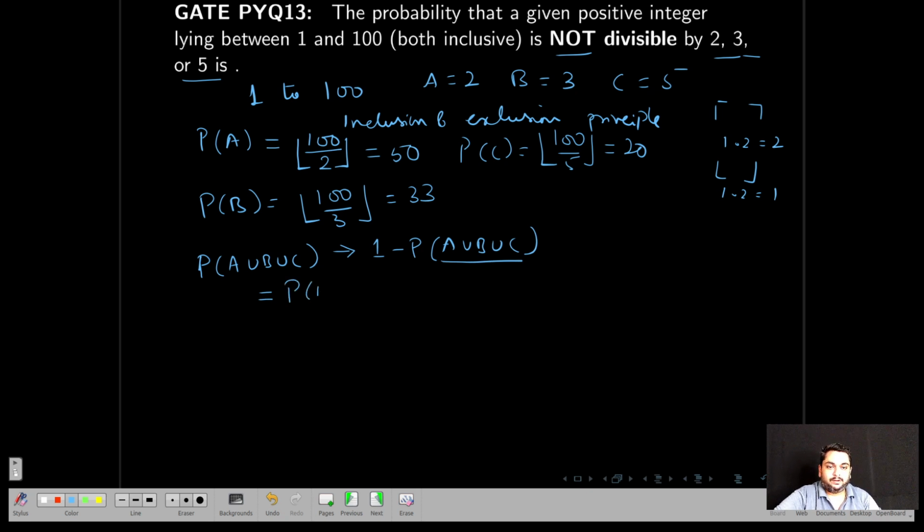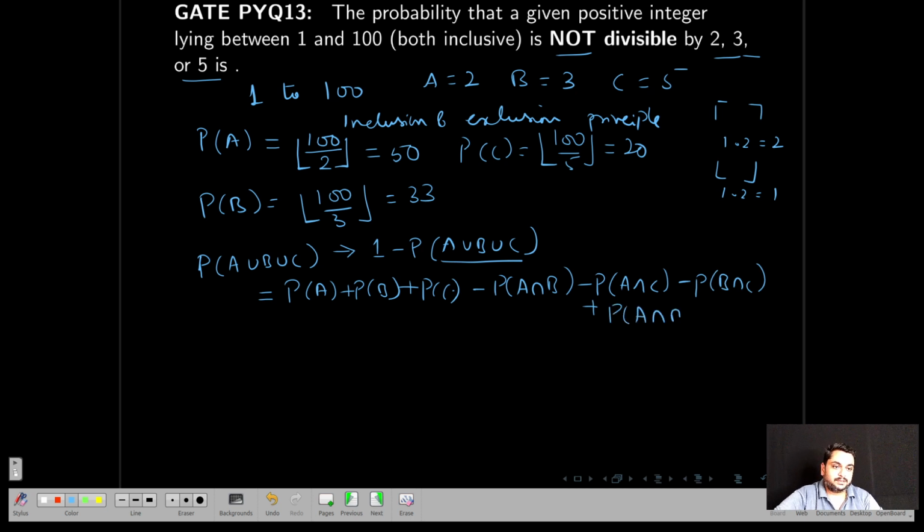This is P of A plus P of B plus P of C minus P of A intersection B minus P of A intersection C minus P of B intersection C plus P of A intersection B intersection C. So now we go on finding the values of these.